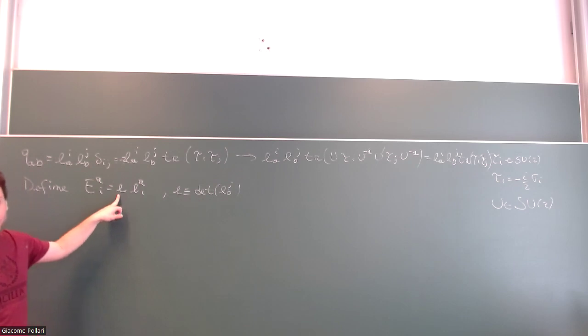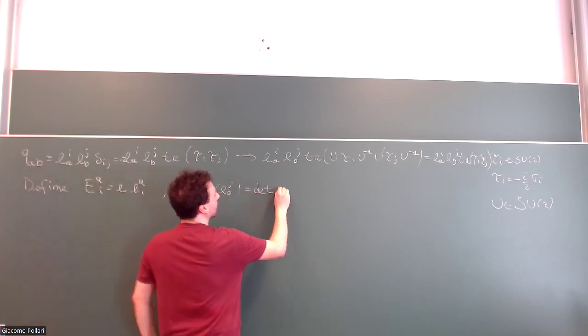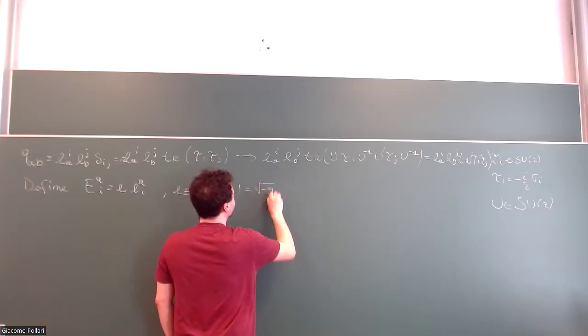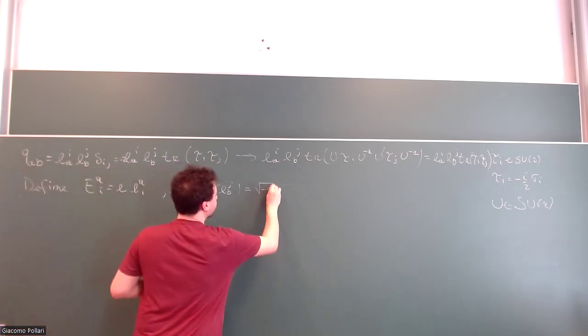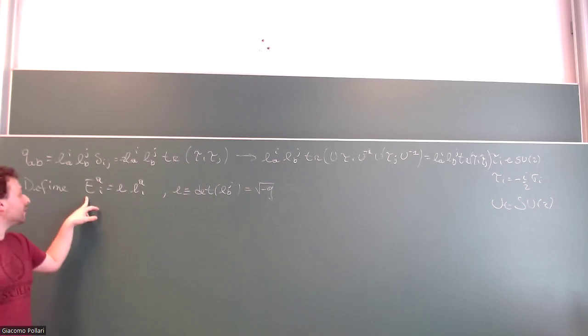So we see this is a density of weight 1, because it is the determinant, the square root of q, of LQG. So it is of weight 1, and of course this metric here can also be expressed in terms of these densitized triads, but now it is not important.